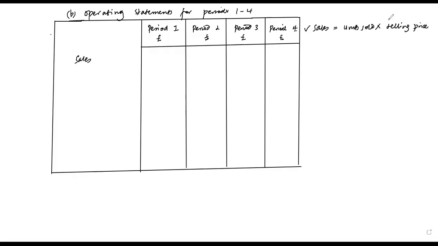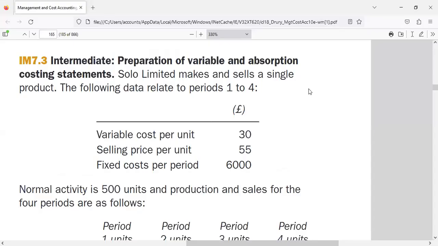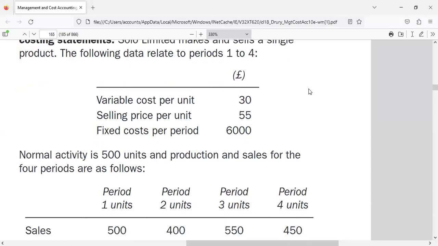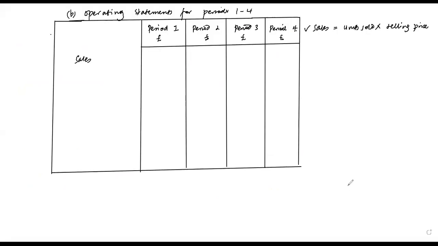For those of you who have not yet watched the other first video, to get sales, you get the unit sold times the selling price per unit. So you'll have to look at each and every period. You have the sales units, 500 period 1, 400 period 2, 550, 450. Then the selling price is 55 per unit. So your sales revenue figures will not change. They will be the same as those under marginal costing.